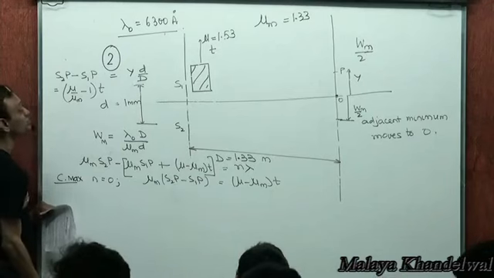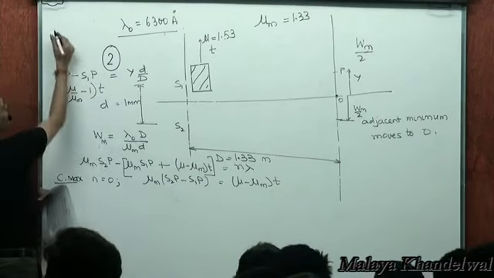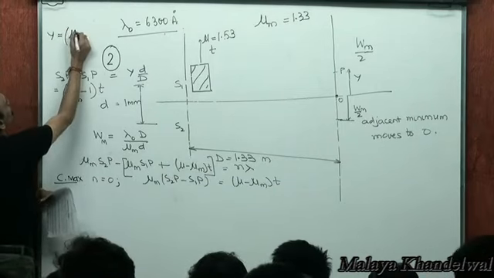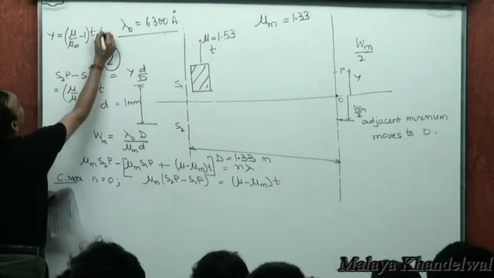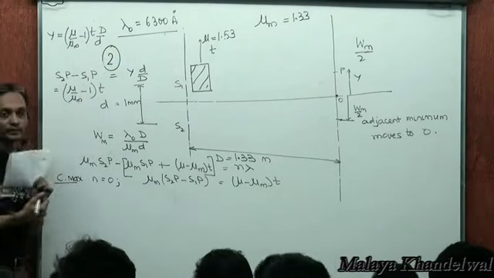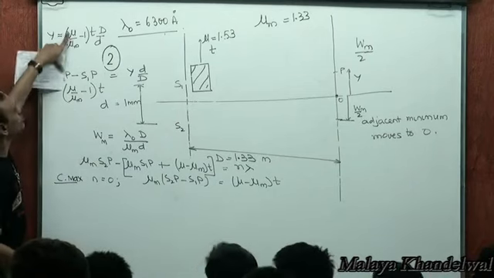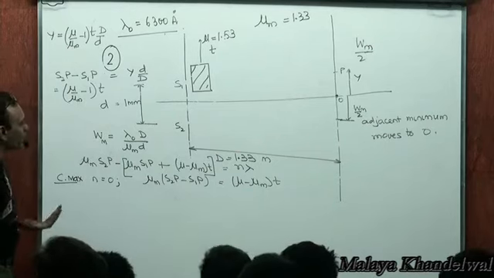That means now the central maximum is no longer y equal to 0. Central maximum is y equal to (mu by mu m minus 1) into t into capital D by small d. Earlier the central maximum was y equal to 0. Now the central maximum is this. Yes or no? Do you all realize this?